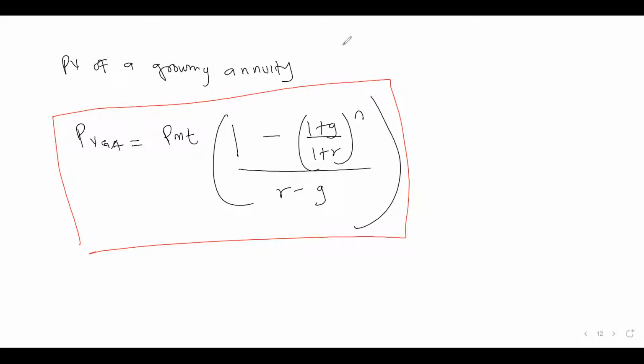So in this formula, we all know the elements except J. J is the growth rate. So let's take the example in the slides.